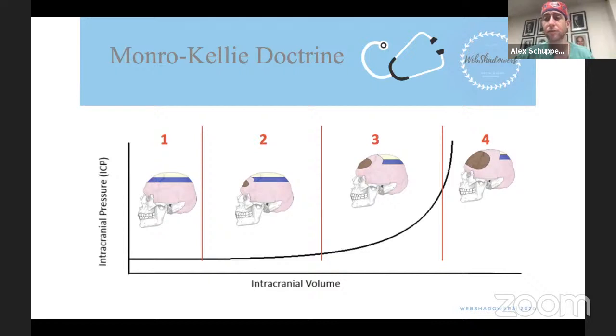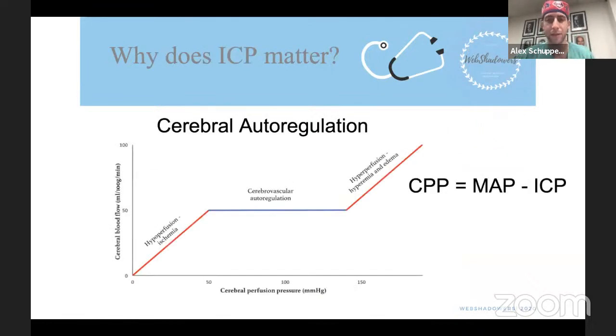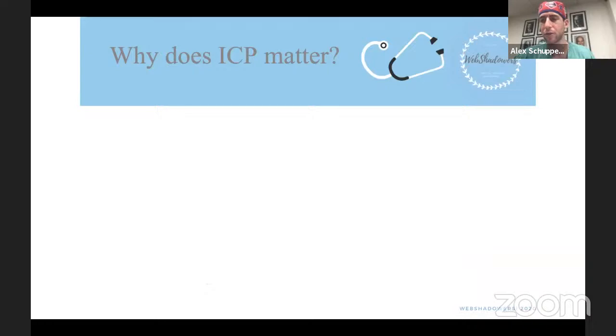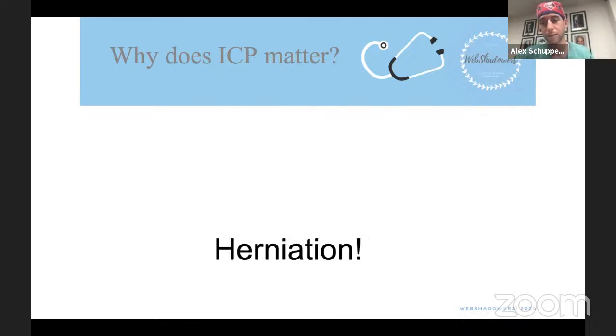So just think of this as the relationship between pressure and volume, and this is why we manage traumatic brain injury. So don't worry about this. It's just autoregulation. Your brain auto-regulates like different parts of your body, essentially just to maintain a constant amount of blood flow given different perfusion pressures.